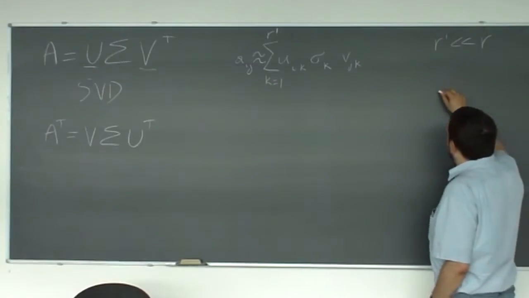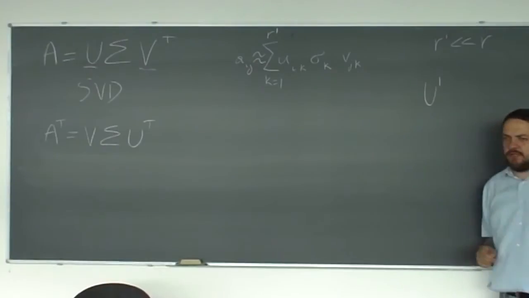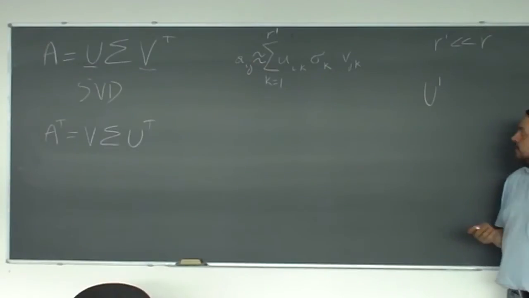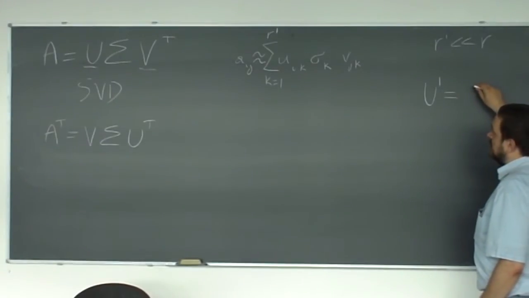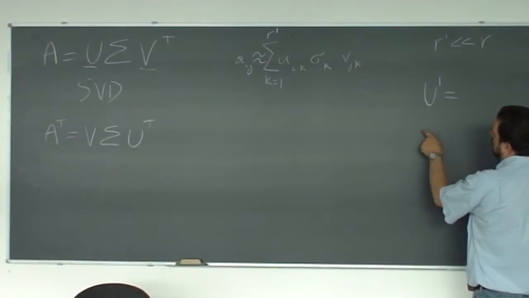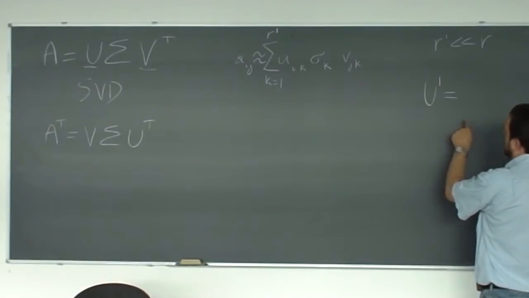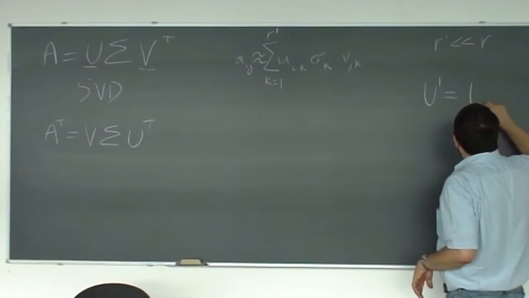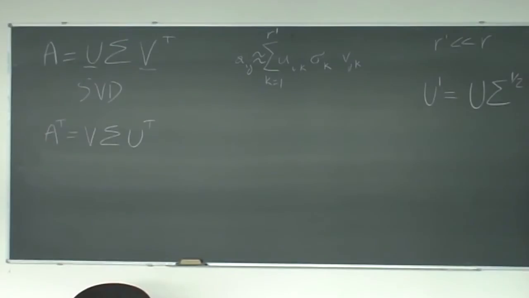So, suppose that we create matrix U prime, which is simply the matrix, let me see, I have to multiply the columns, it comes after, okay. Let's write sigma power 1/2, a sort of square root of matrix sigma.